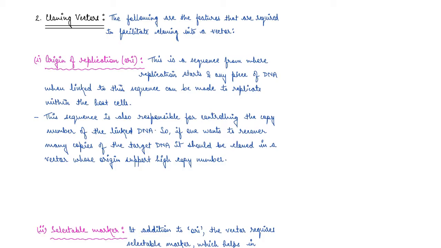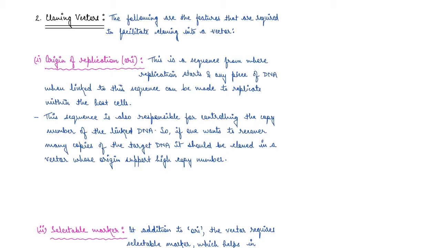The second tool of recombinant DNA technology that we are going to study today is cloning vectors. Basically, plasmids, bacteriophages, all these microorganisms have the ability to replicate within bacterial cells. There are various types of genetic material.